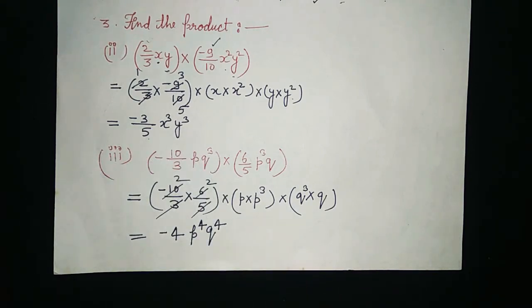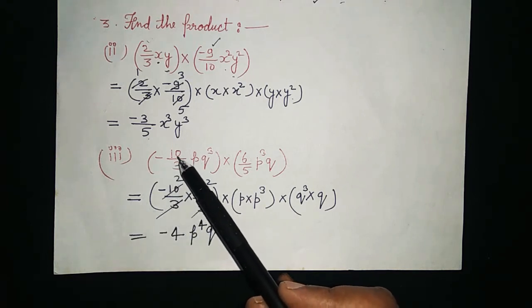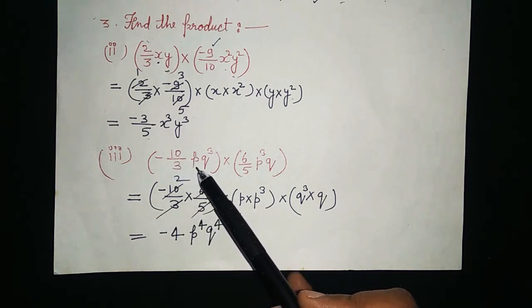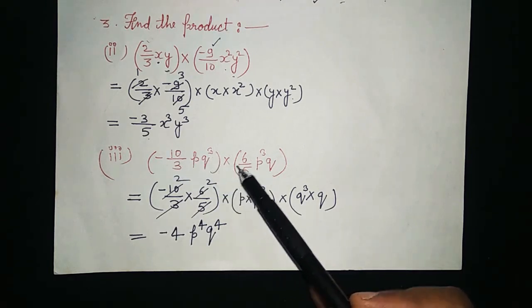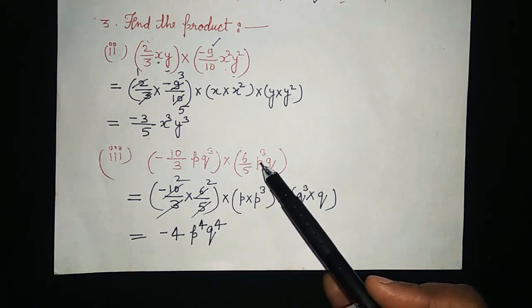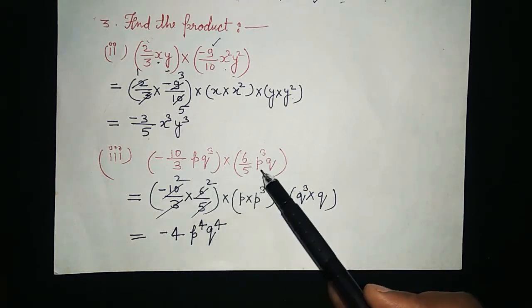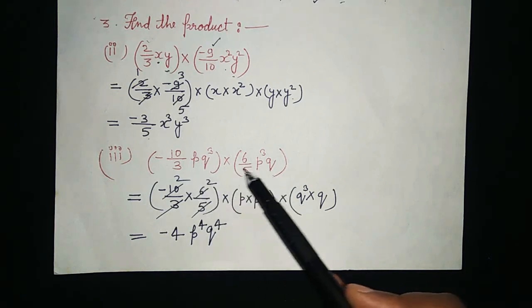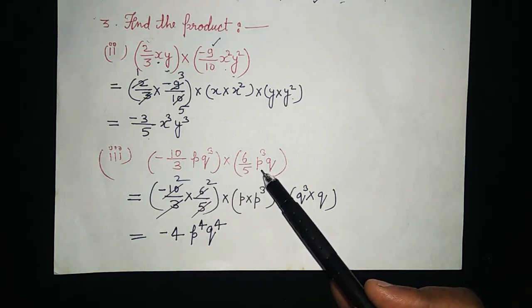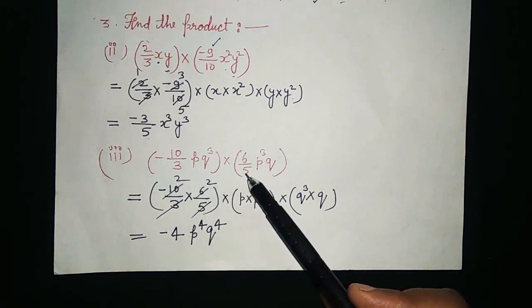Now see the third part of the same question. This question also you will solve like this only. Here minus 10 upon 3 p cube into 6 upon 5 p cube q. Here also we can see both are monomials. So here also, first what will we do?